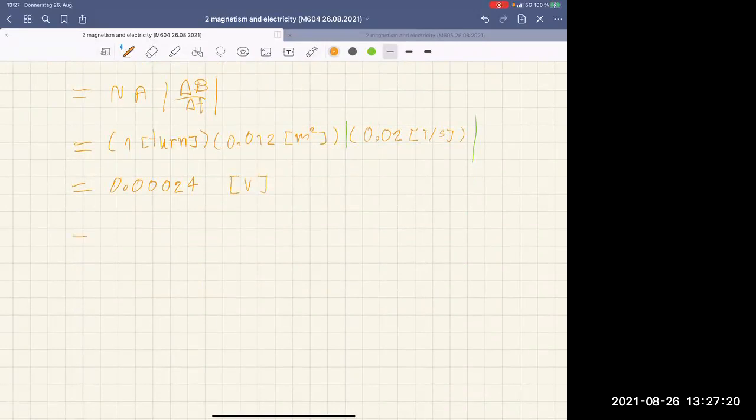To represent it in a better way, we would say 24 times 10 to the negative 5 volts.